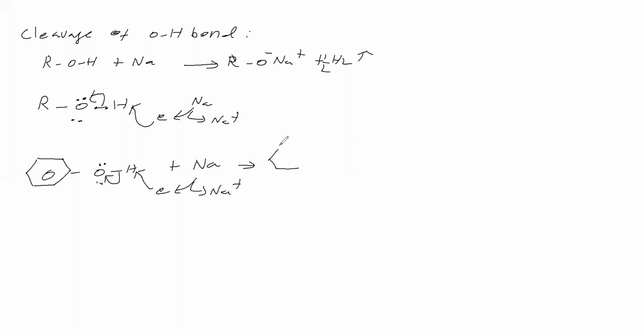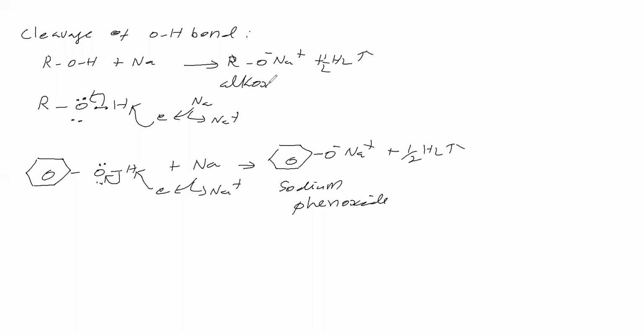Therefore, we will get a phenoxide, sodium phenoxide, and hydrogen gas. This is like the alkoxide, it is sodium phenoxide we can say. So phenol reacting with the sodium gives sodium phenoxide and hydrogen gas.